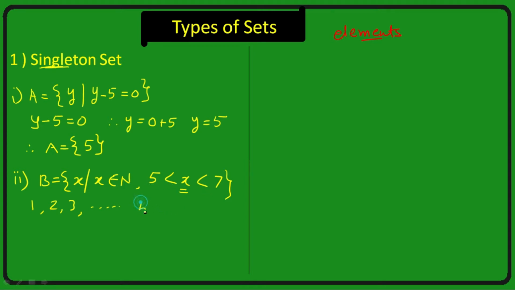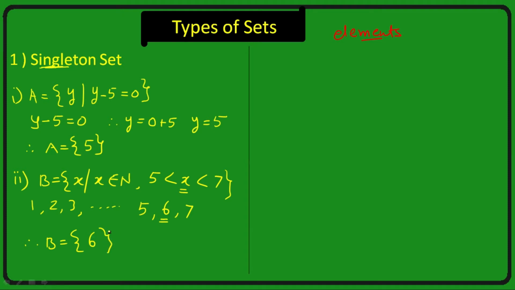So there is only one number, and that is 7. Sorry, that is 6. The number 6 is greater than 5 but smaller than 7. There is no other natural number than 6 which is greater than 5 and smaller than 7. So this set B contains only one element, and that is 6.